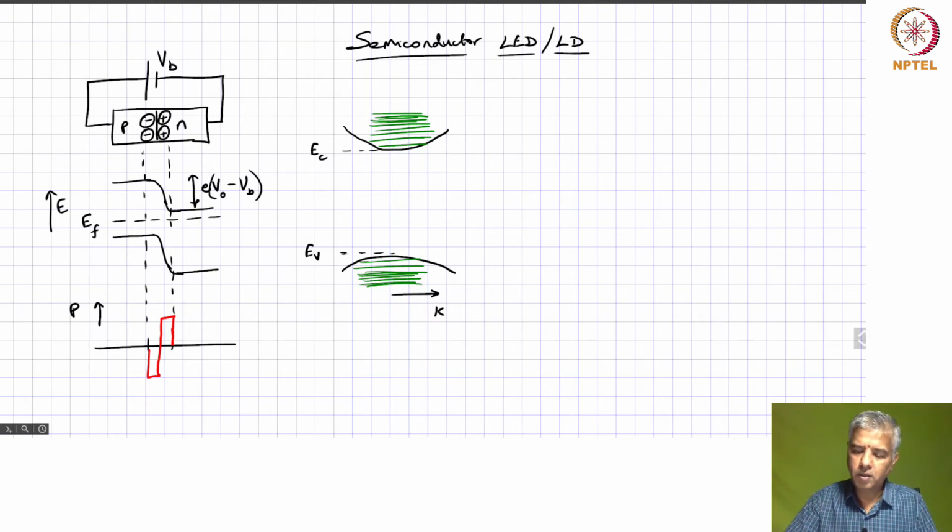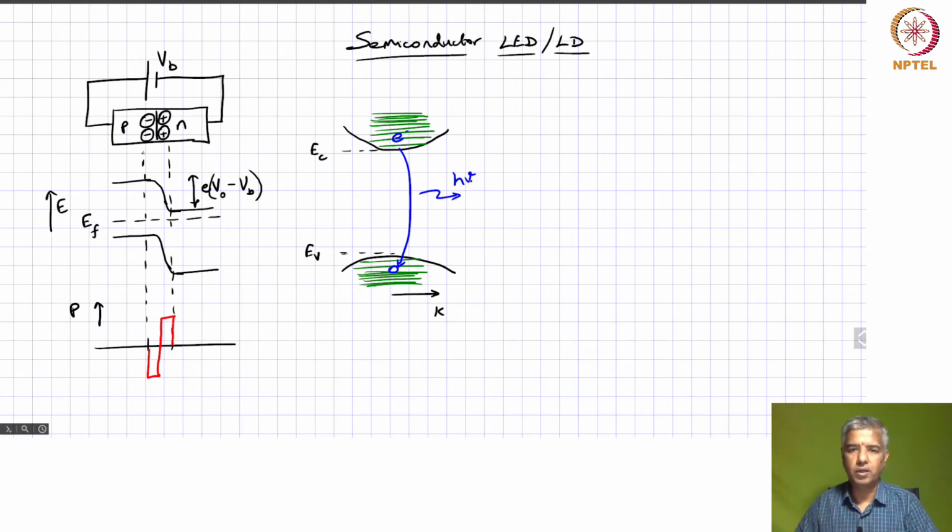So what we are talking about is, when we do the forward bias, you have this electron sitting in one of the energy levels in the conduction band, recombining with a hole in the valence band, and that recombination event is producing a photon, right?